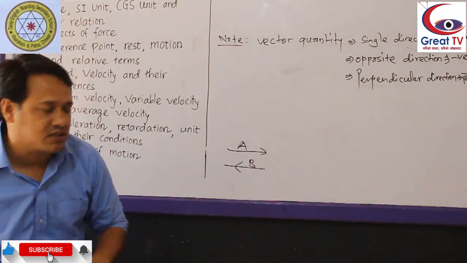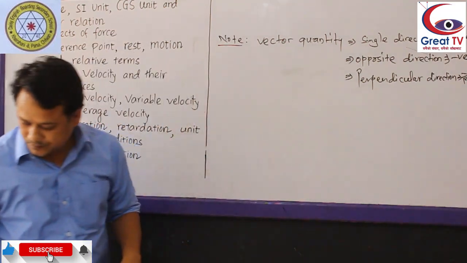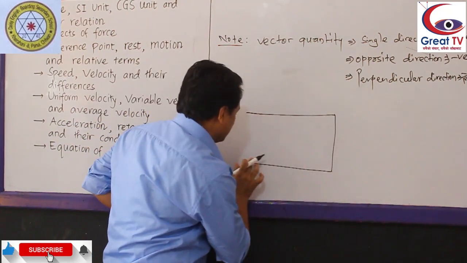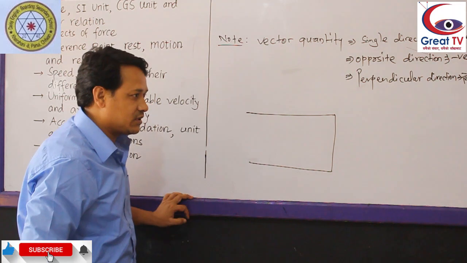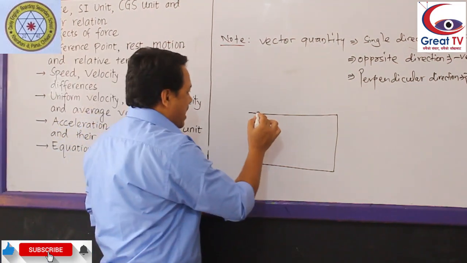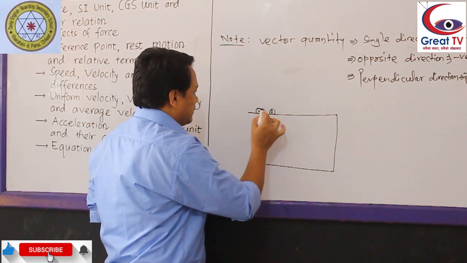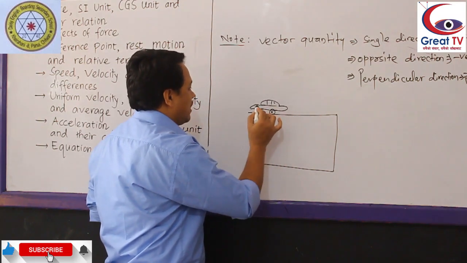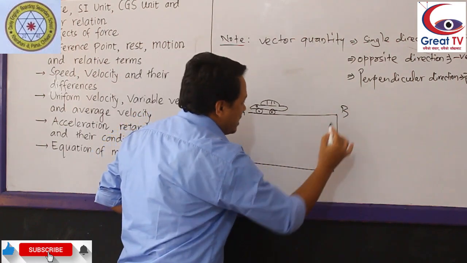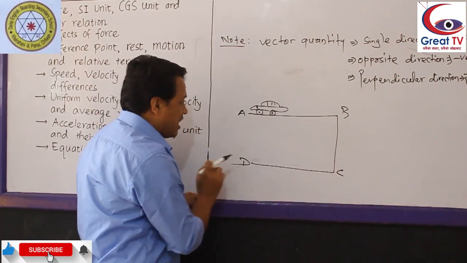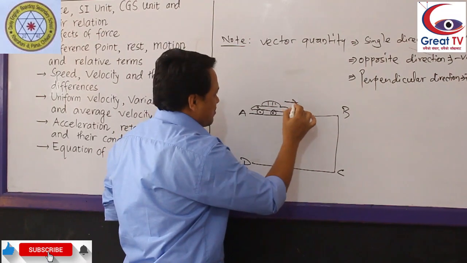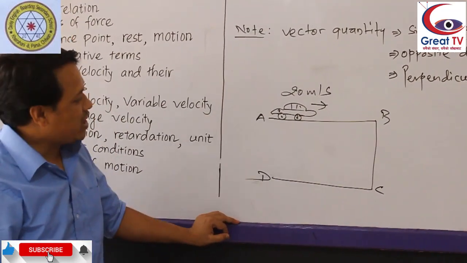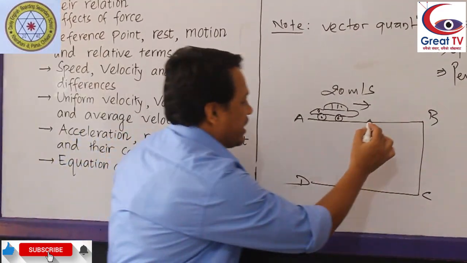Let's discuss one such example. Let's say it's a rectangular path A, B, C, D. Here is one vehicle moving with 20 meters per second from A to B, in this direction.